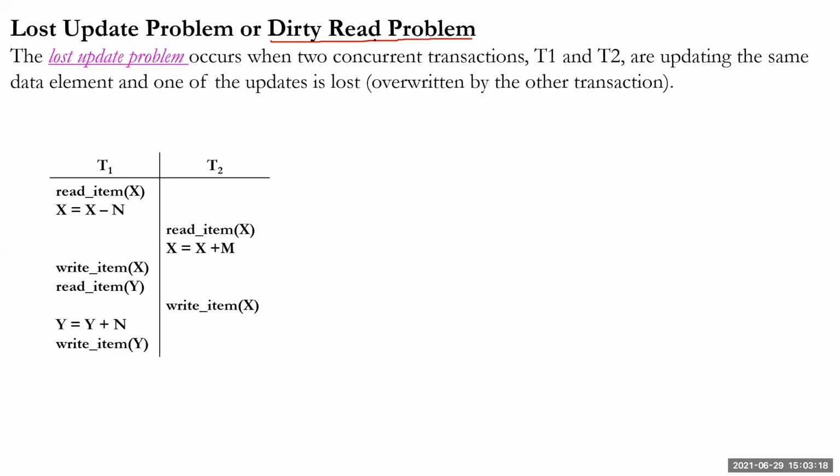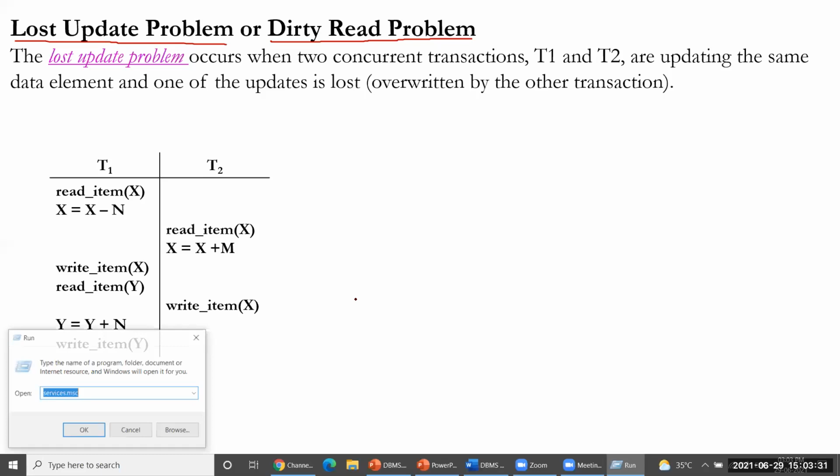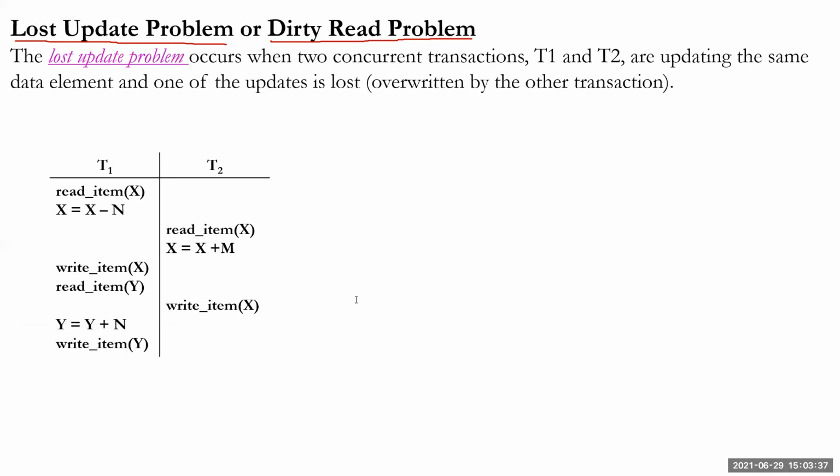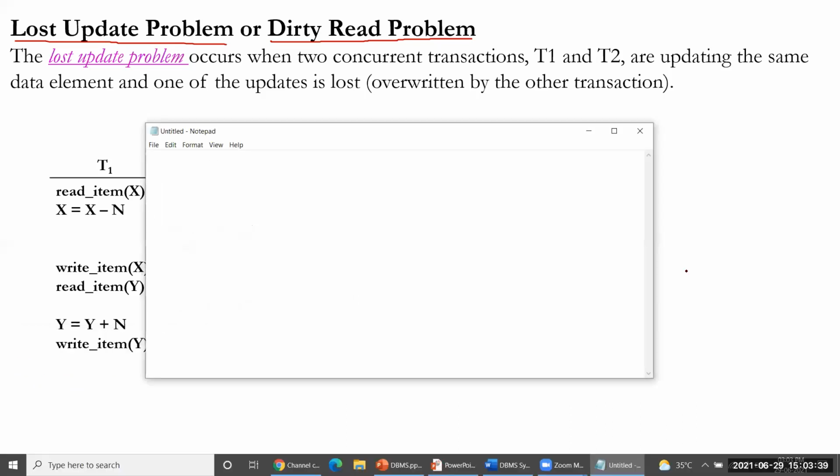Otherwise, this problem could also be called the lost update problem. Either of these is the same: the dirty read or lost update problem. The same thing in terms of operating systems is called the race condition.